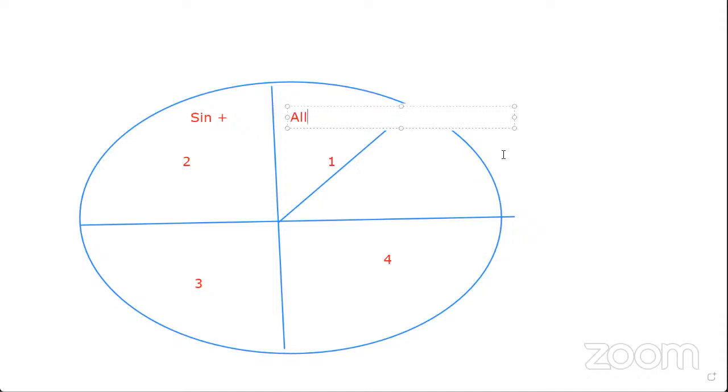We can say all are positive. If it comes to the second quadrant, only sine is positive. In the third quadrant, only tan is positive. When it comes to the fourth quadrant, only cos is positive.